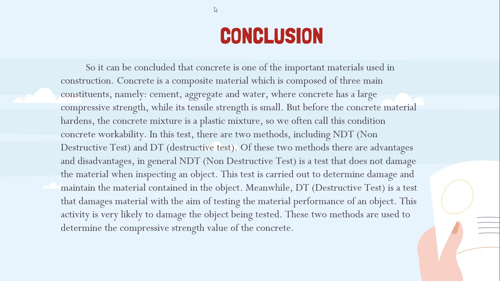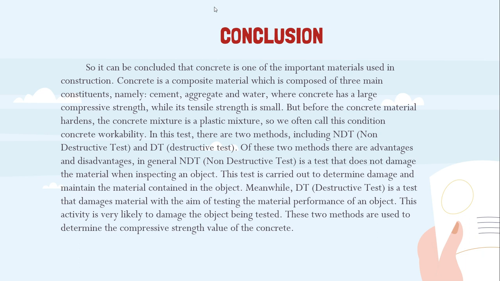In general, NDT or non-destructive test is a test that does not damage the material when inspecting an object. This test is carried out to determine damage and maintain the material contained in the object.